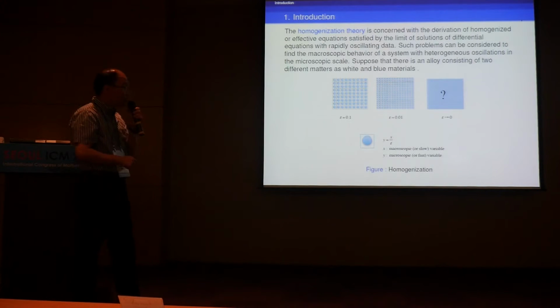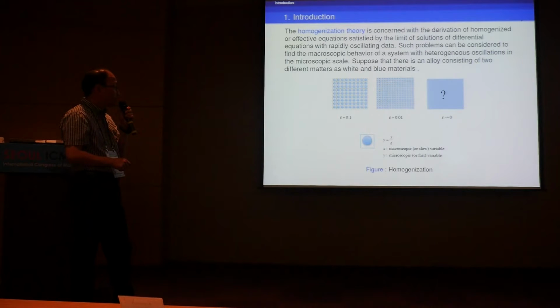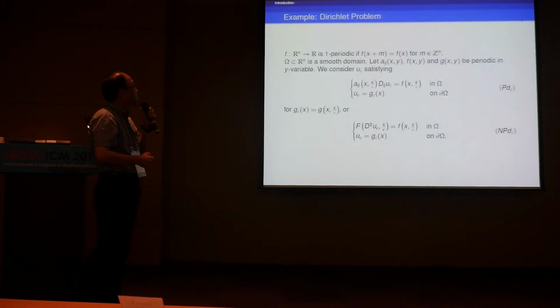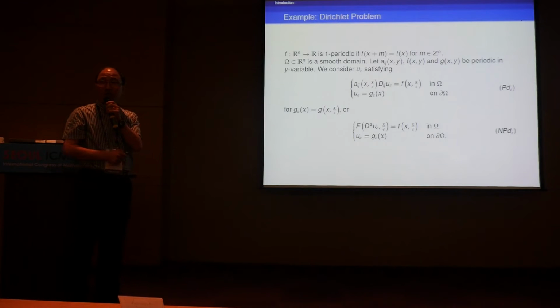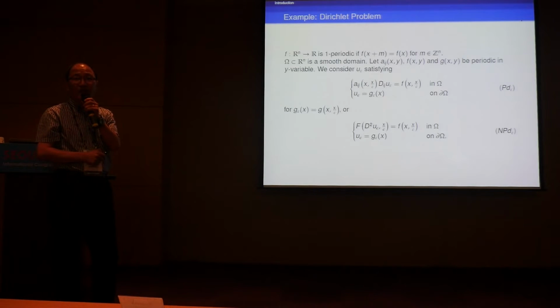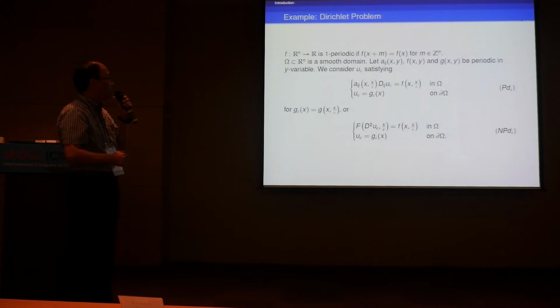And if you zoom out the unit cell in this picture, x represents the physical variable, which is called the macroscopic or slow variable, and y is called the microscopic or fast variable. Such a physical property can be formulated mathematically with a PDE.